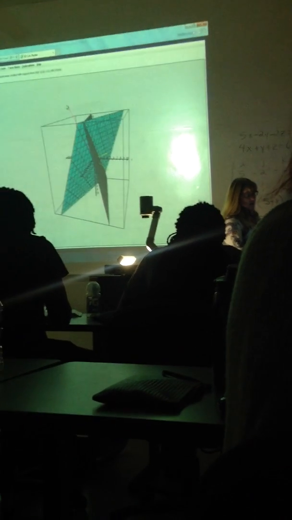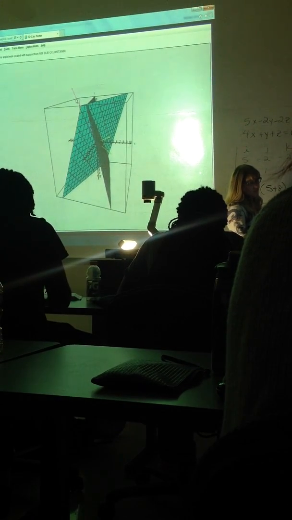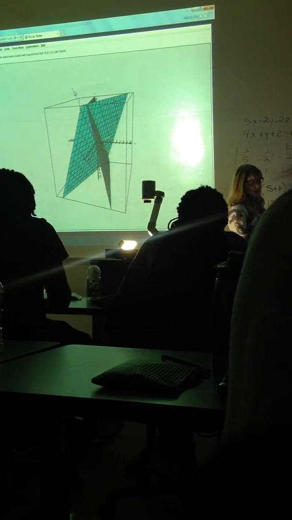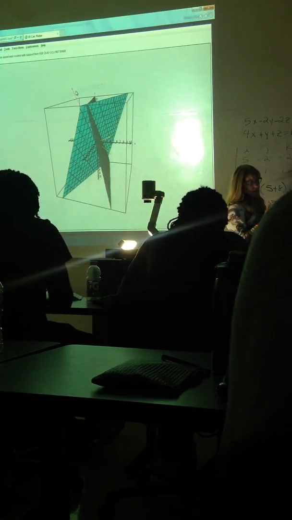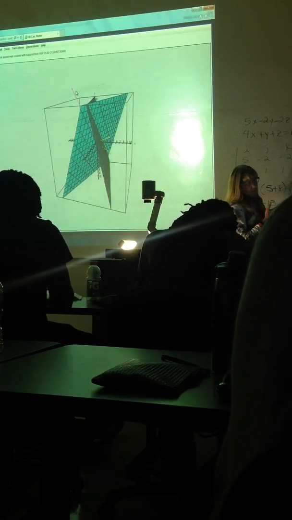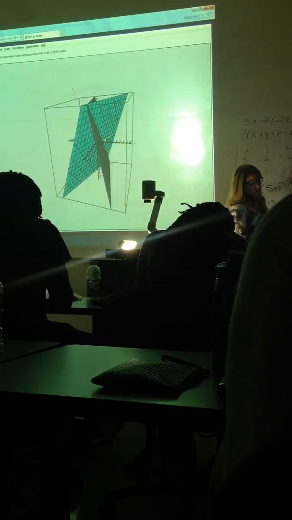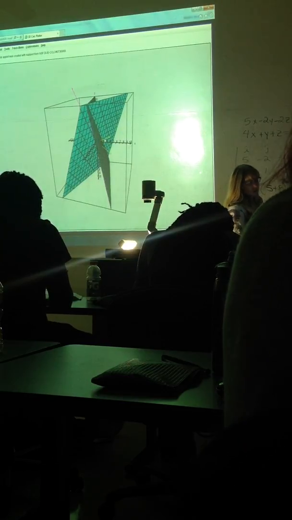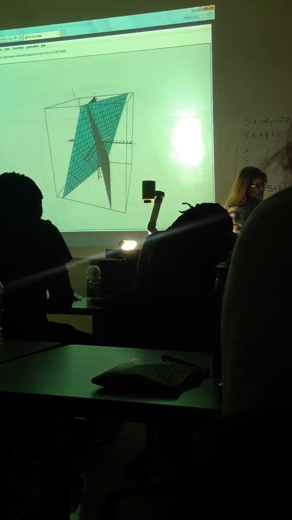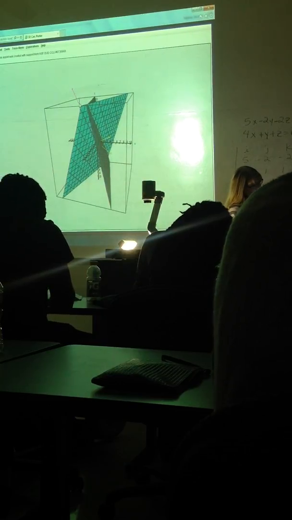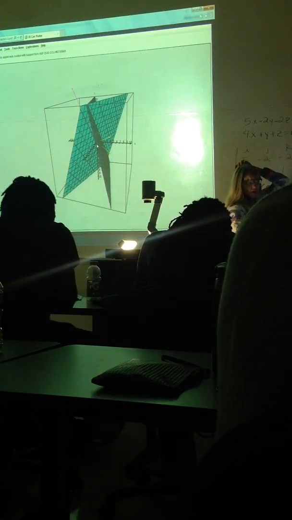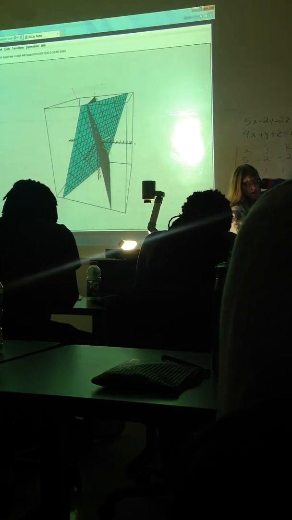So the cross of these two normal vectors gives me the direction of the line of intersection, because that direction has to be parallel to both planes, since the cross product is perpendicular to the two normal vectors. So again, it didn't give me the line itself, because you're drawing it from the origin, but it's parallel to the direction of the line.